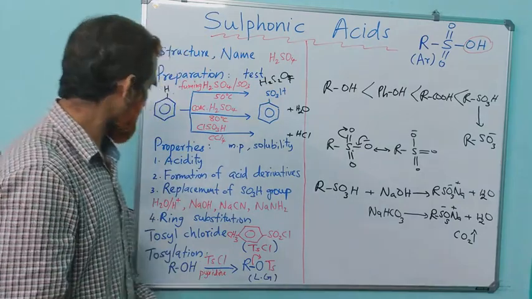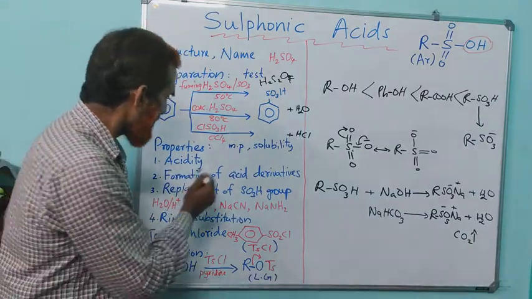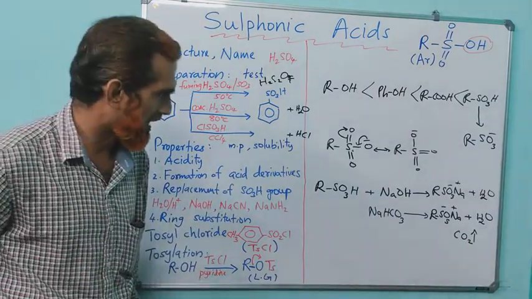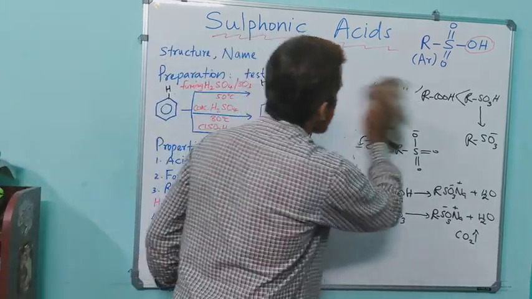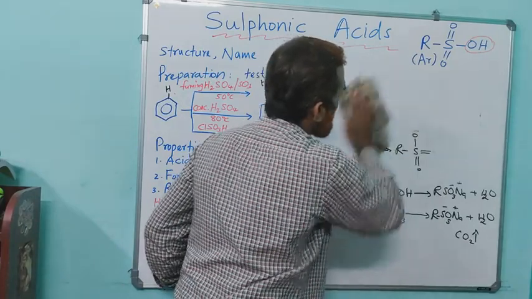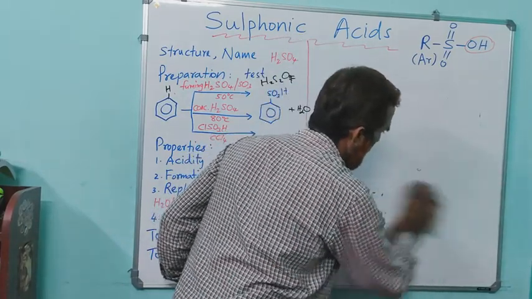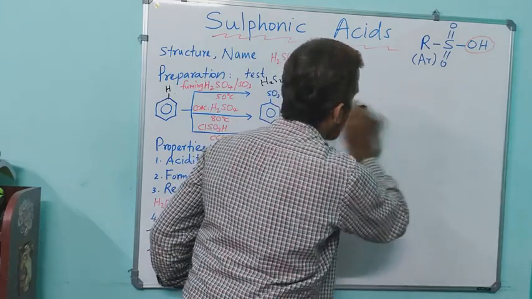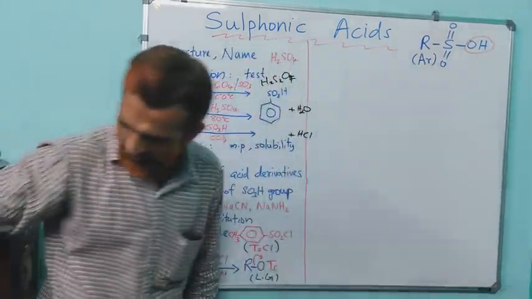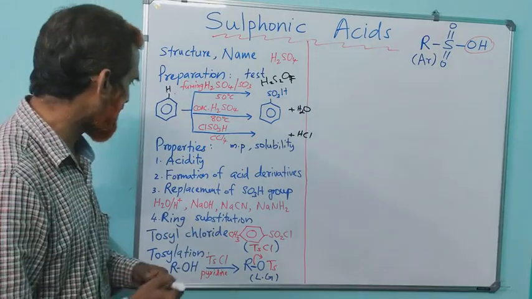Fine. Coming to the next property, formation of acid derivatives. See, we learned that carboxylic acid forms 4 important types of acid derivatives, like acid halide or chloride, ester, amide, anhydride. Similar thing happens here also.